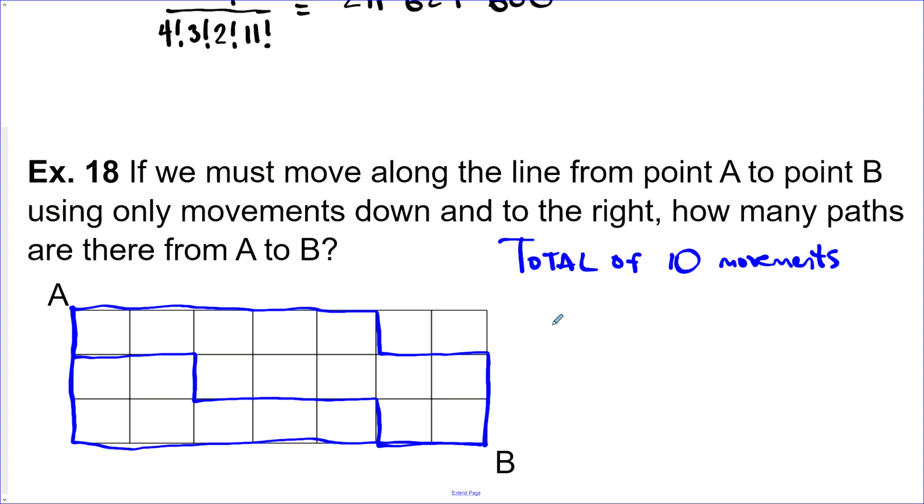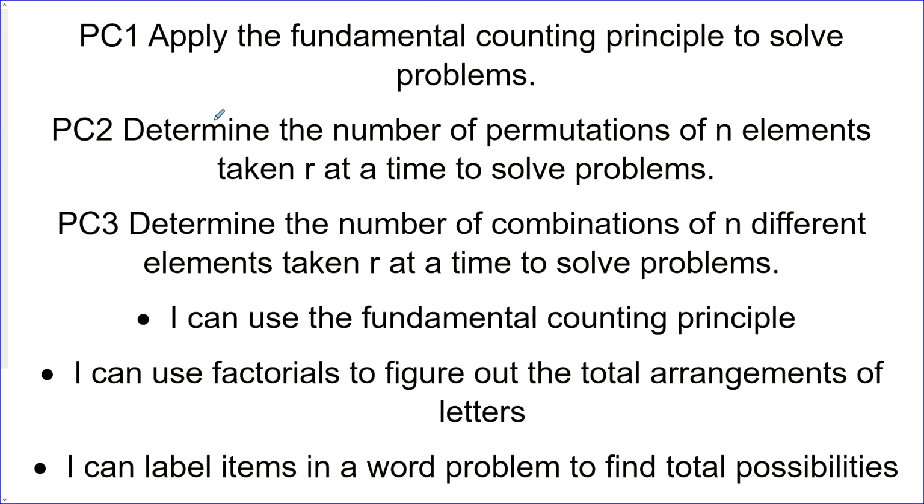So I can figure this out by going 10 factorial divided by 3 factorial for the down movements and 7 factorial for the right movements. And I can do these down and right movements in any order, but I need 3 downs and 7 rights. And so we get that there's 120 different ways to get from A to B following this grid.